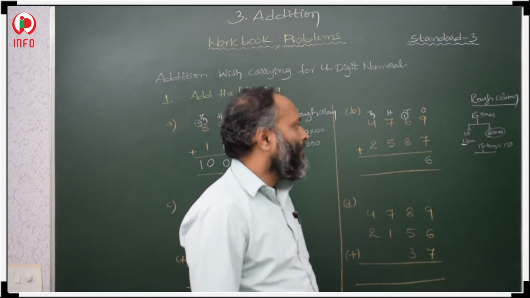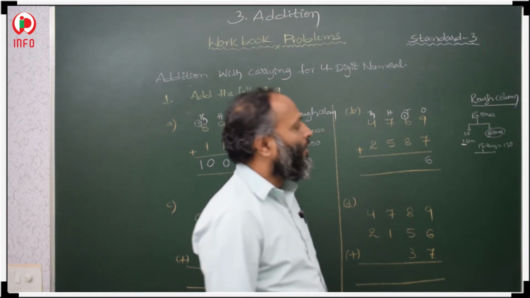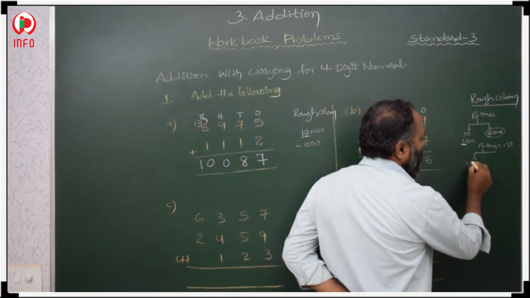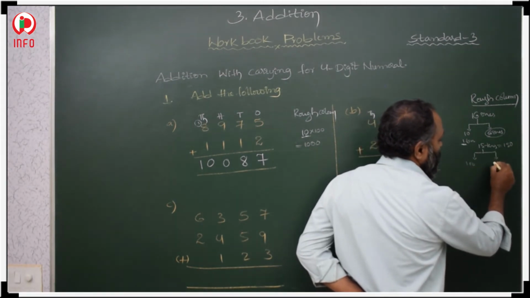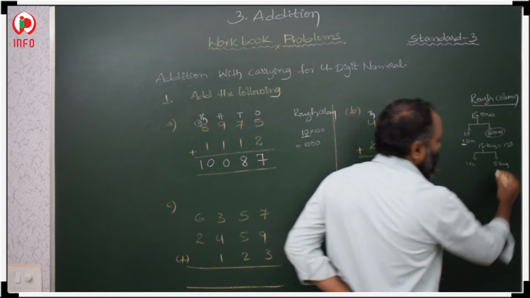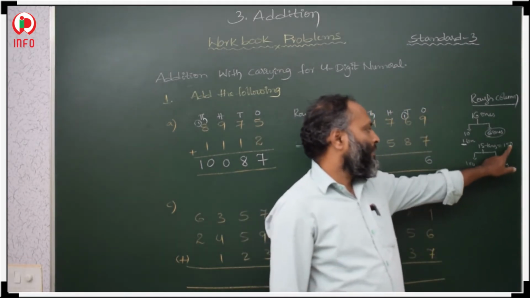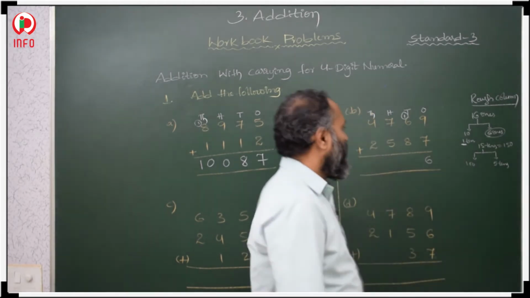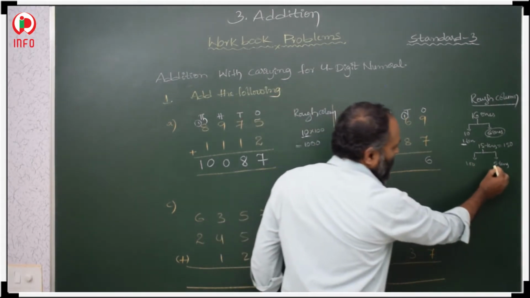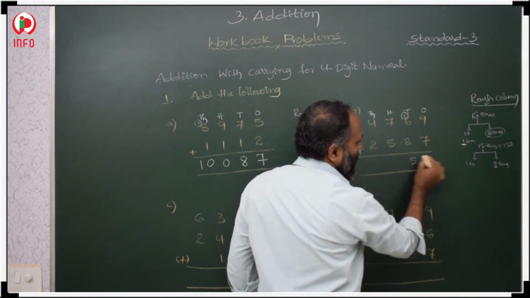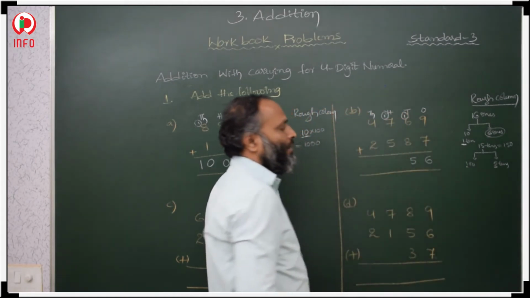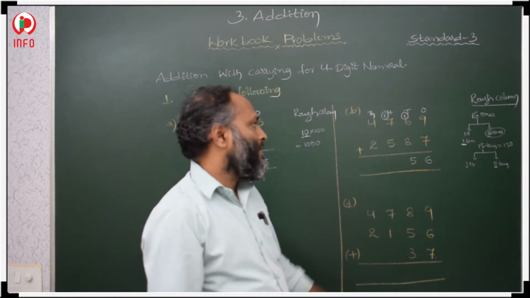The 150 means how many tens and how many hundreds are there? 100 plus 5 tens, 50. 100 plus 50, 150. It means we keep these 5 tens in tens place and that 100 in hundreds place.